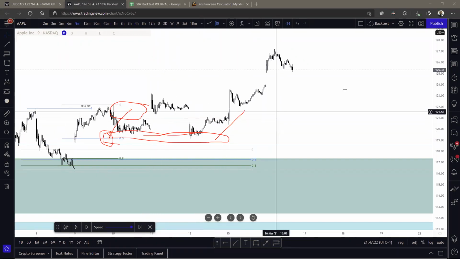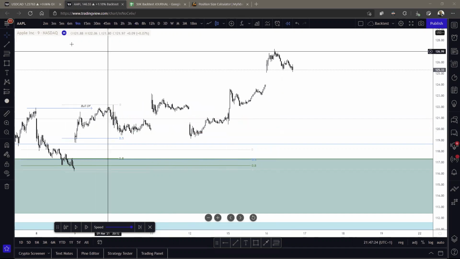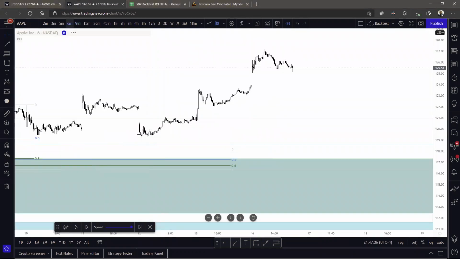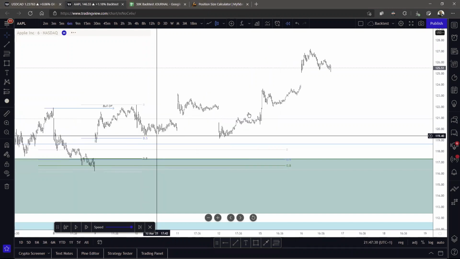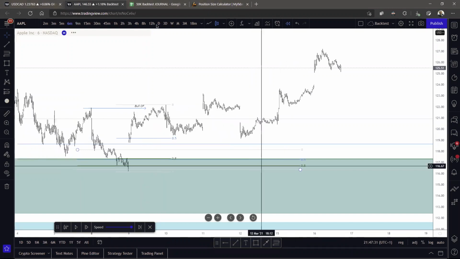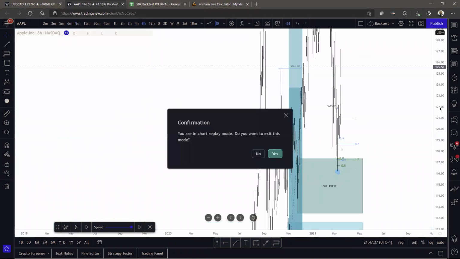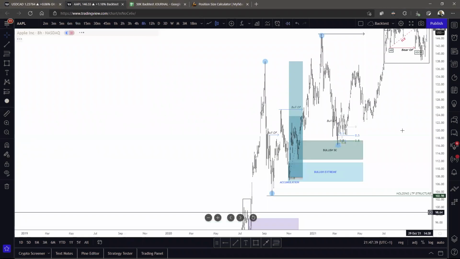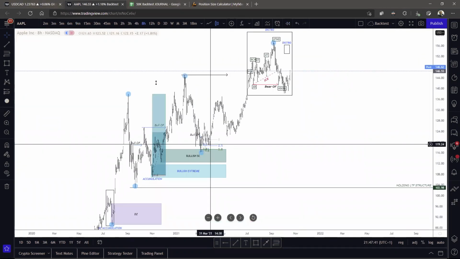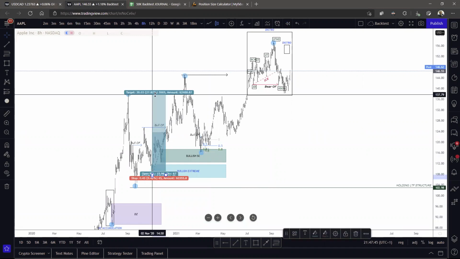So could we have gotten, no, I don't really see anything that's clean. So I guess this one would have been the missed entry. But that one, if we were watching the lower time frame, we would have seen a new high here. So 75% of profit is gone in here.